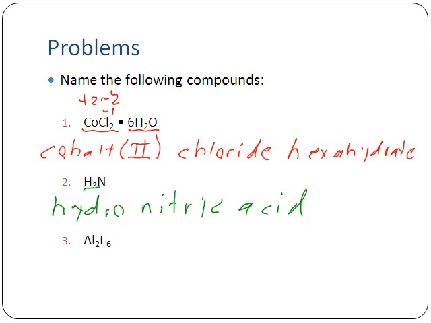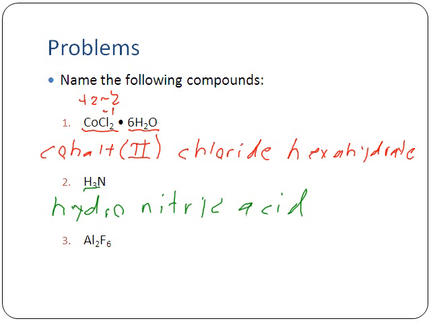So to do that, Al2F6: aluminum has a valence of +3, fluorine has a valence of -1. In this case, the general rule is that if you only have to put a prefix on one of the 2, you only put it on one of the 2.